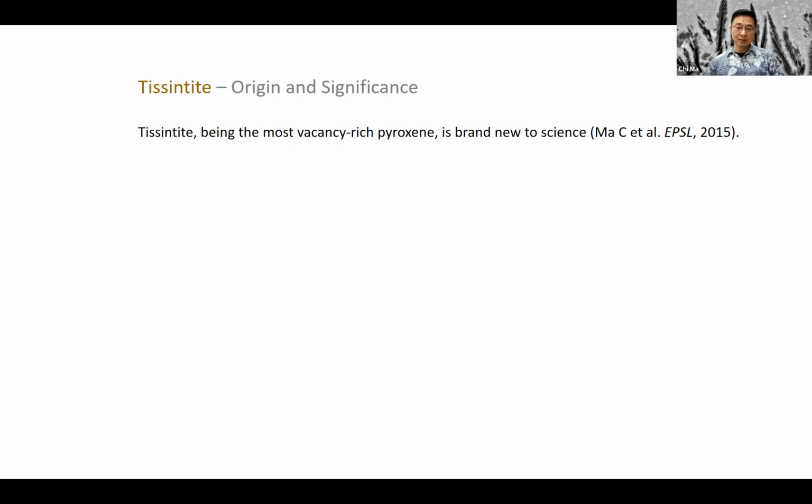Tissintite, being the most vacancy-rich pyroxene, was brand new to science when we found it. Now, tissintite has been synthesized in the lab. Tissintite is found as a rather common high pressure phase in lunar meteorites. Terrestrial tissintite is also found in impact structures on Earth.